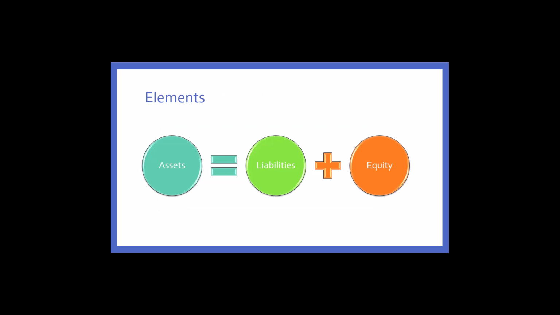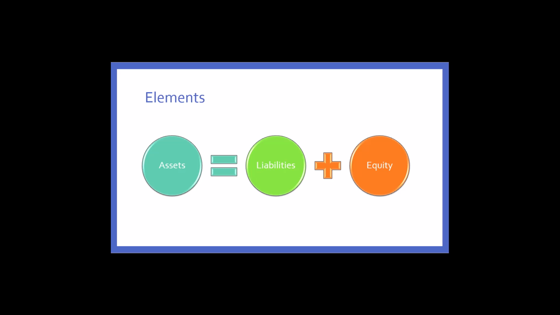Okay, so now let's talk about the basic elements. What you see here on your screen is what we call the accounting equation. Assets equal liabilities plus equity. You will see this over and over again in your financial accounting studies. Sometimes you may also see it presented as total assets equals total liabilities plus total equity.